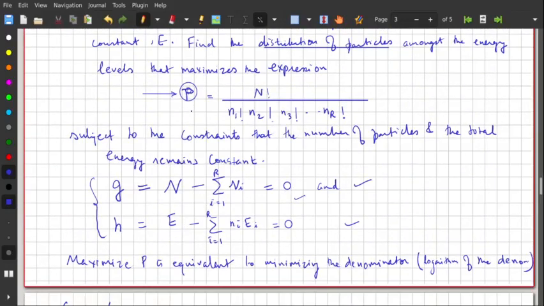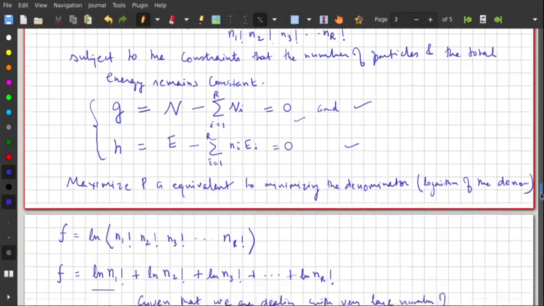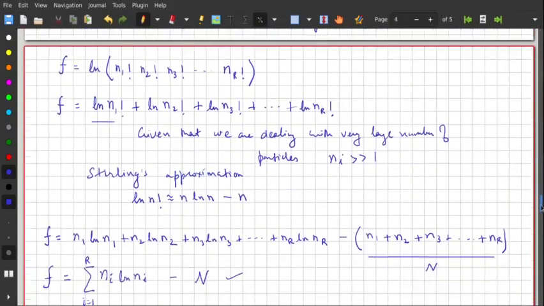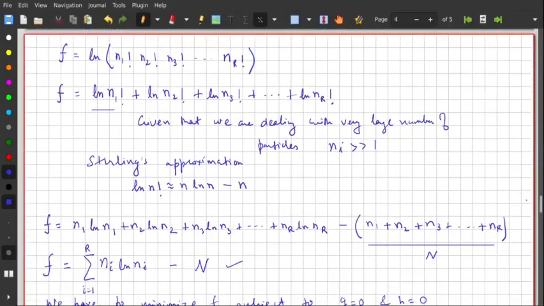If we want to maximize P, we want to minimize its denominator, which is the same as minimizing the logarithm of the denominator. We took the logarithm for a reason, because we wanted to convert the factorial functions to continuous smooth functions using Stirling's approximation.